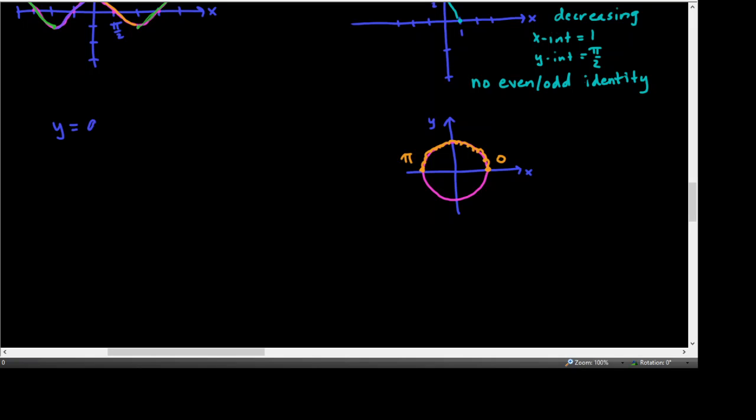Y equals arc cosine of 1. And that equation means if you take the cosine of some angle y, you're going to get an answer of 1. What is that? Well, 1 is one of our special answers, a quadrantal angle is what I've been meaning to say.